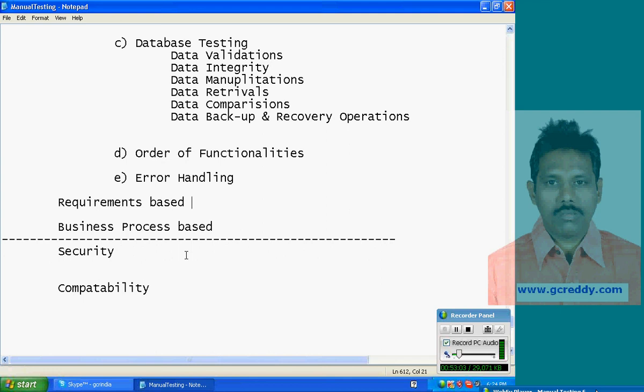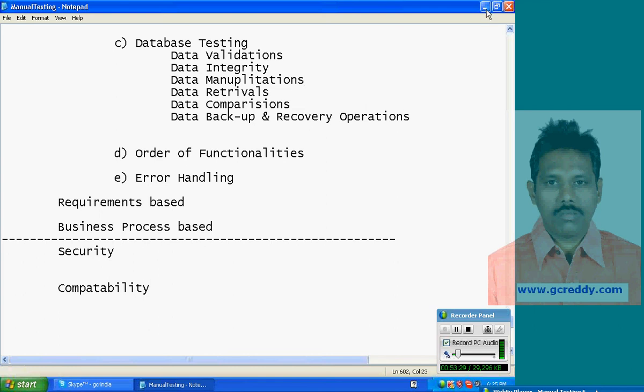For requirements based, we use the requirement specification. For business process based, we use use cases. What is the purpose of use cases, that we will discuss in the software test process chapter.